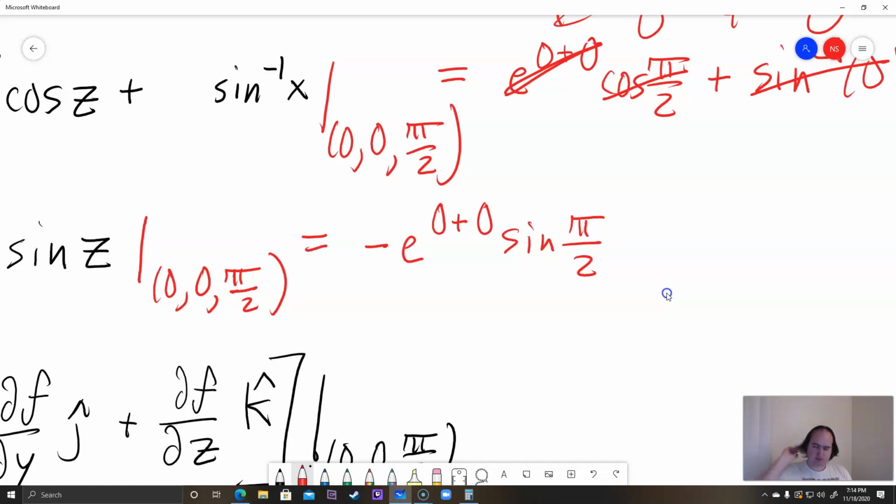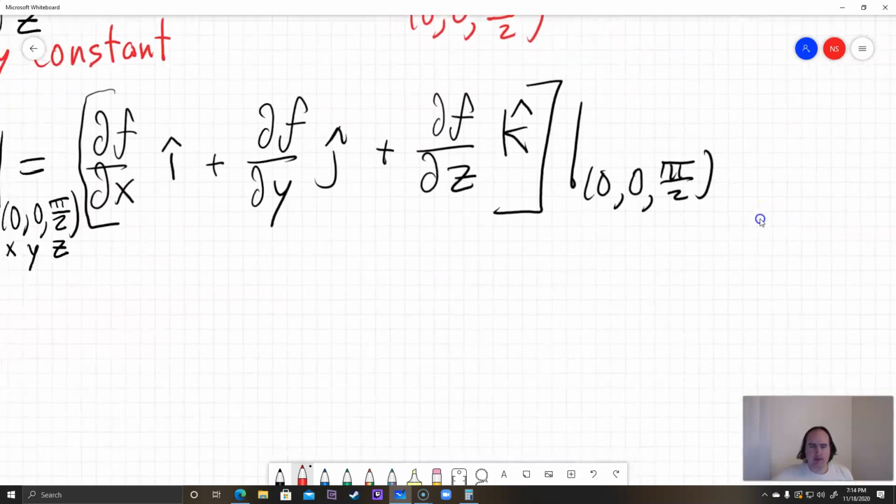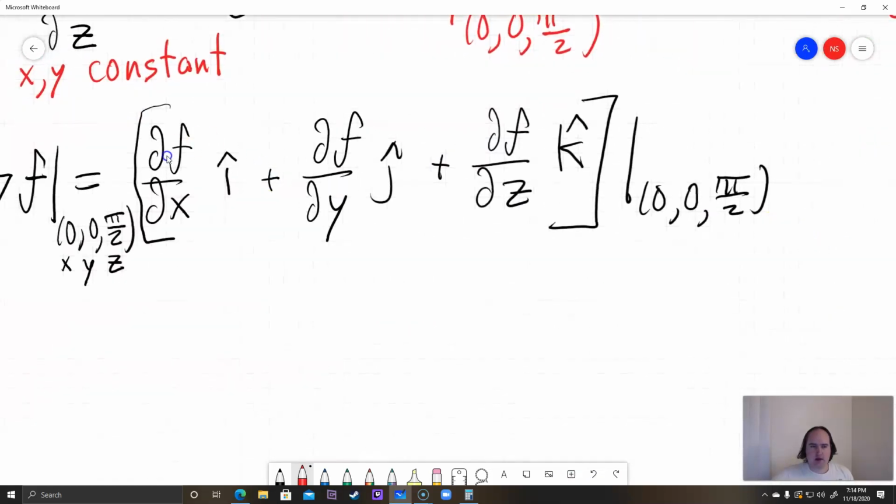And the y-coordinate there is 1. So we're going to have negative 1 times 1, which is negative 1. Sorry, not second coordinate. Third coordinate is negative 1. So what we've got here is 6, 0, and negative 1. And that's going to be our first, second, and third coordinate.